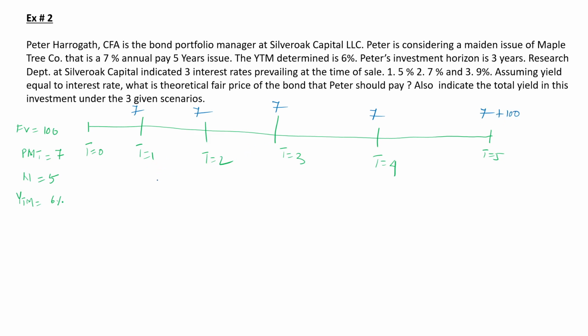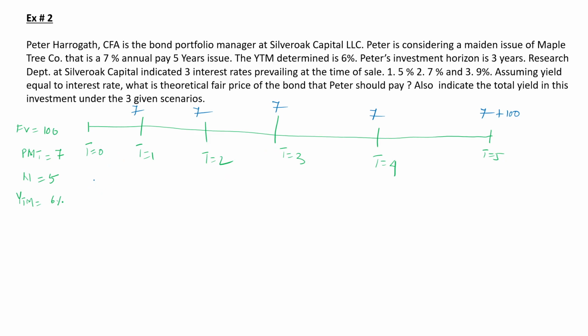Now with this, the investment horizon of Peter is not up until the tenor of the bond. He is going to purchase this bond at the issuance itself, and is going to hold on to it up until the next 3 years.